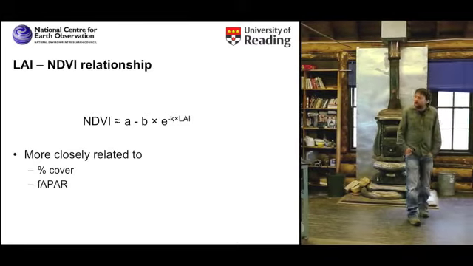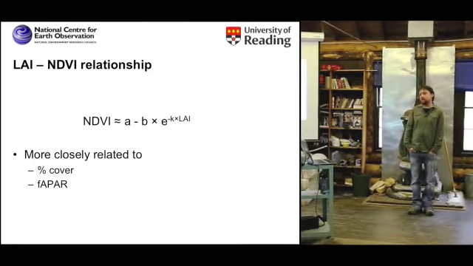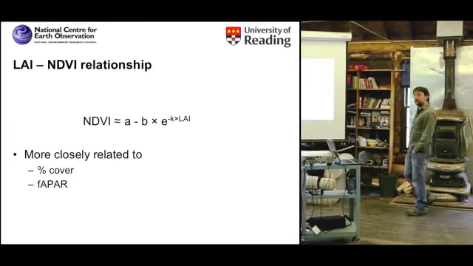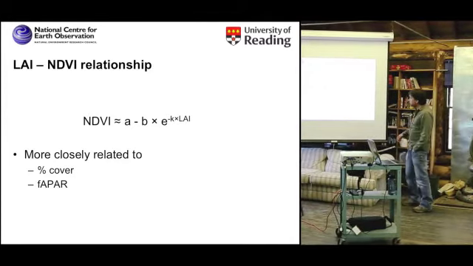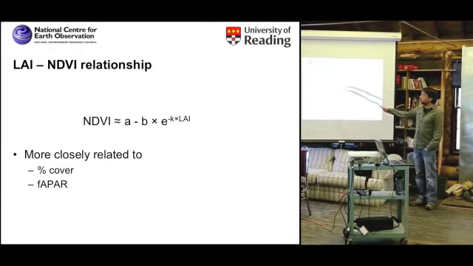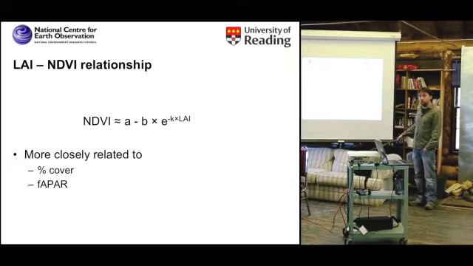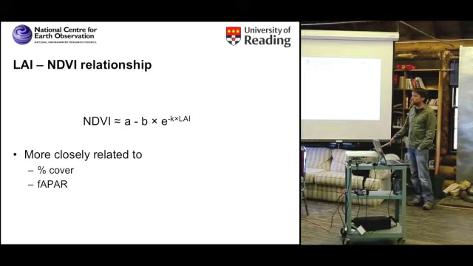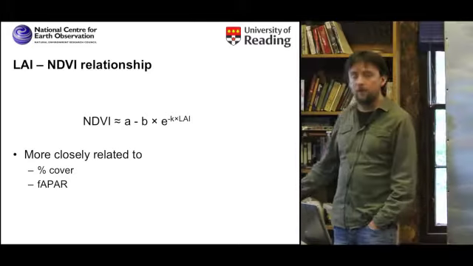It actually bizarrely brings us back to Beer's law and canopy interception, because a good fit to that relationship on the previous graph would be something like that, which is the same kind of exponential form as Beer's law that we saw earlier.